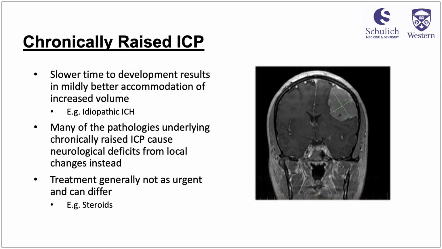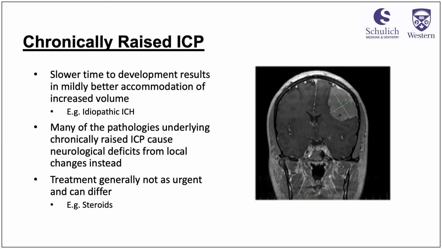It still follows the Monro-Kellie doctrine. So at some point, you will start to get increases in the ICP, and at that point, it will continue to increase. But the idea here is that the symptoms and things like herniation take time to develop, and you will get symptoms and signs well before you get the herniation.